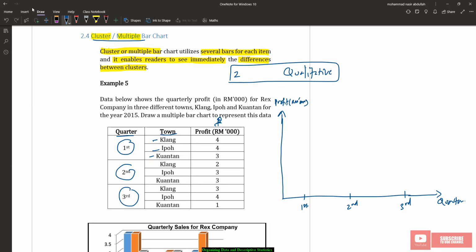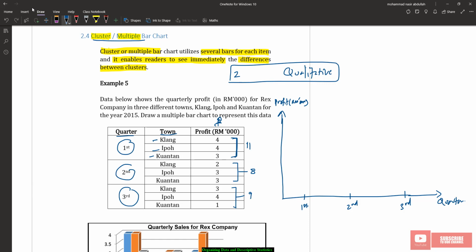For the first quarter, kita nampak dekat sini, if the town is not available, kita nampak kat sini, this is going to be berapa ni? 11, right? The total here should be equal to 8. And this one should be equal to 9.